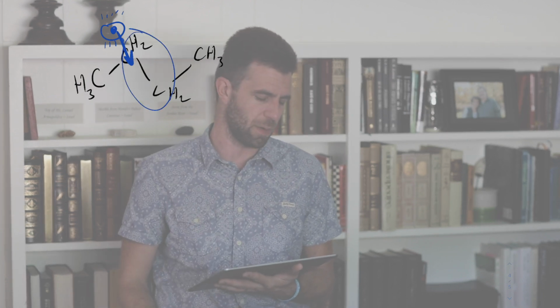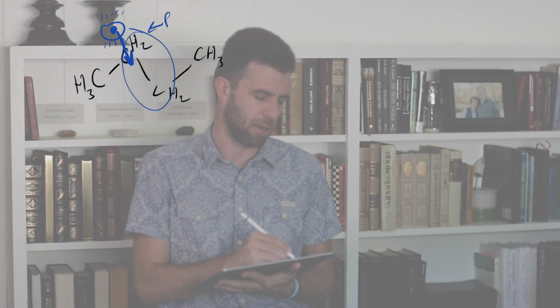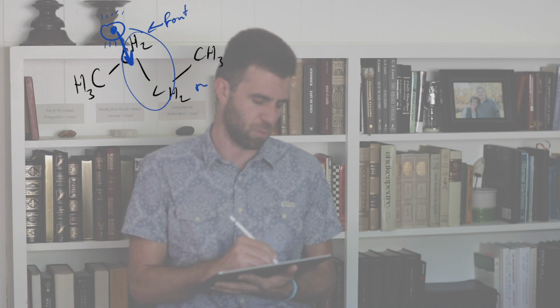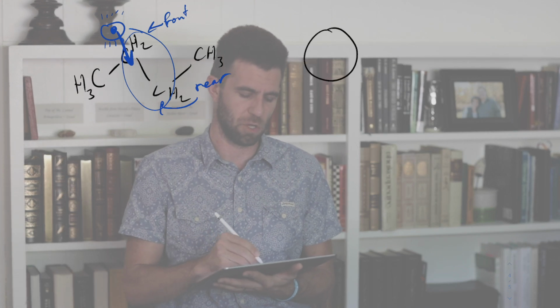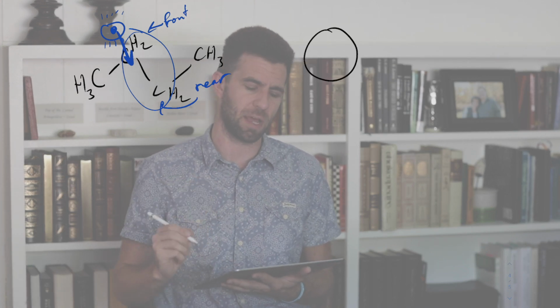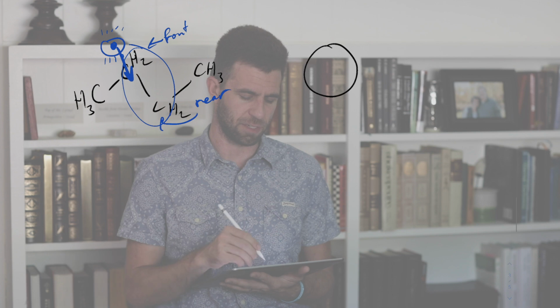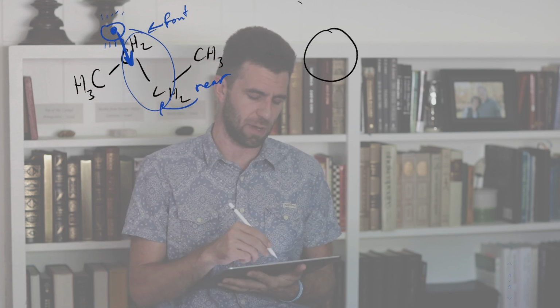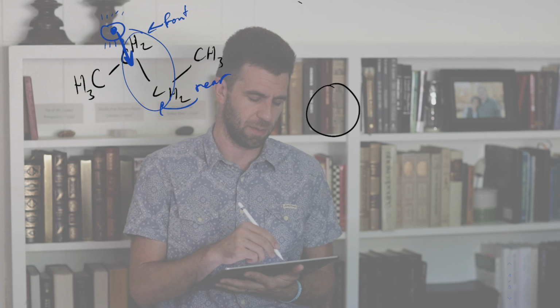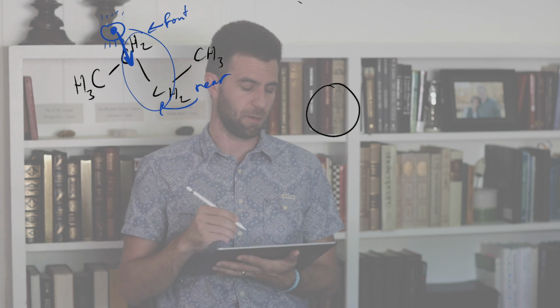So the front carbon is going to be this one right here. And the rear carbon is going to be this one right here. So let's go ahead and draw this Newman projection. All right, so let's try this. What do I have attached to that carbon? Well, I have 3 lines, right? So what 3 lines do I have? And let's go ahead and bring it down a little bit. What 3 lines do I have here?